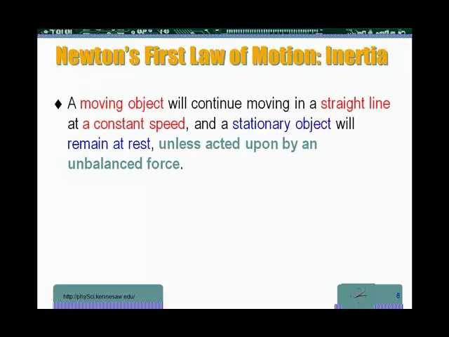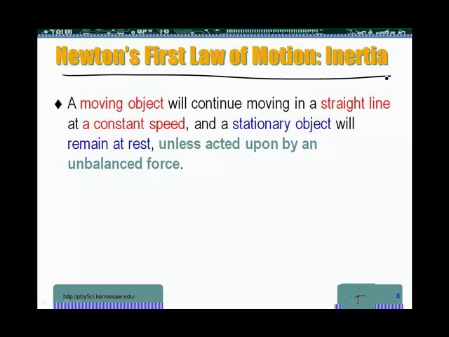Now, I'm going to digress a little bit and use something that's not really kinematics, but it's in the description of motion, is what we call Newton's first law of motion, or the law of inertia. We call it both ways.